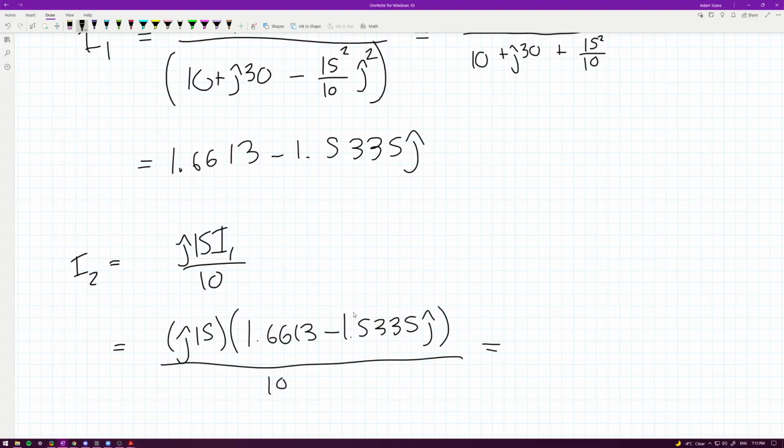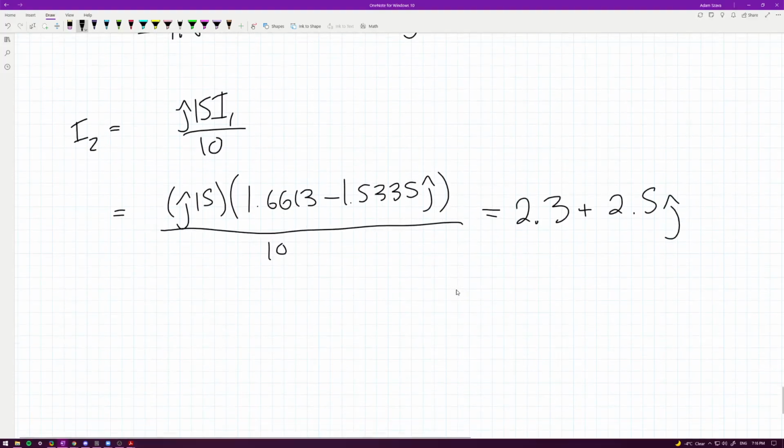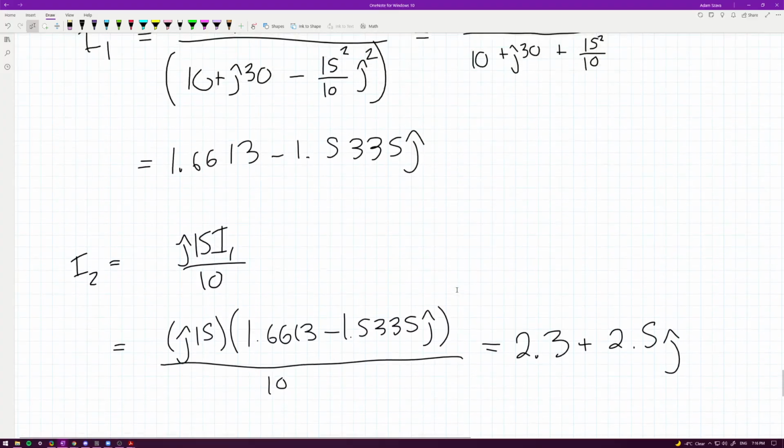And that gives me 2.3 plus 2.5J. And then I'll just convert both of those to polar form, and then that'll be our final solution.